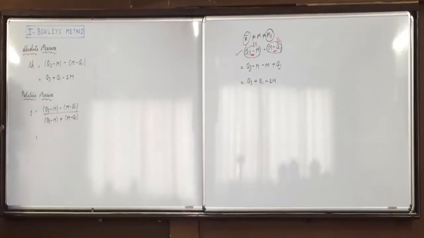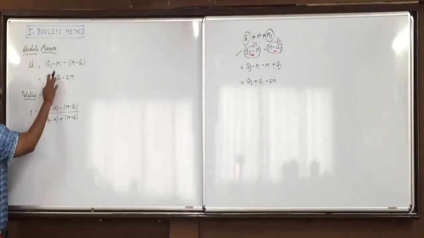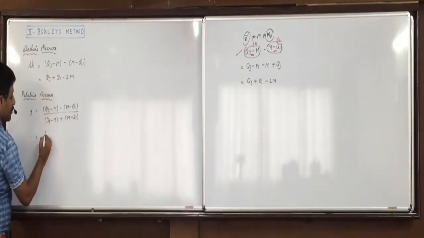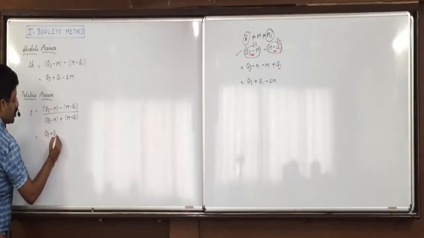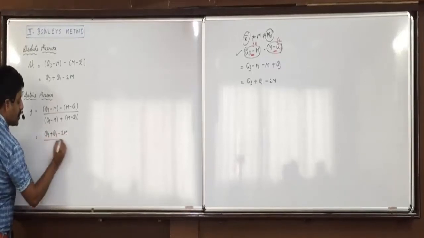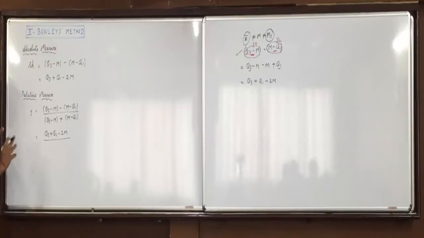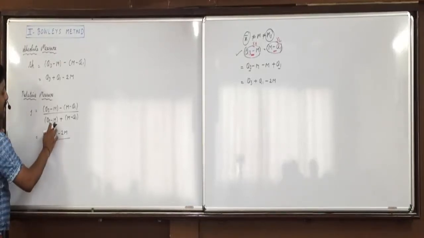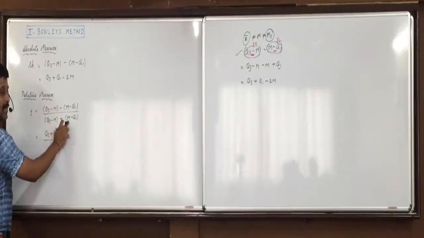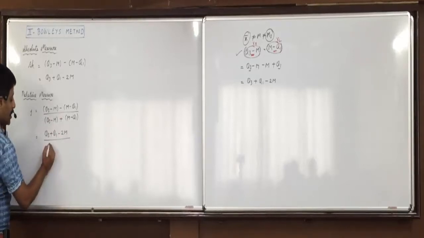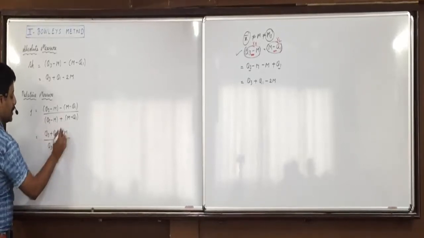Q1. Now again, if you open the brackets of the numerator, we already got Q3 plus Q1 minus 2M. If you open the brackets of the denominator, then minus M plus M will get cancelled. What will remain is only Q3 minus Q1.